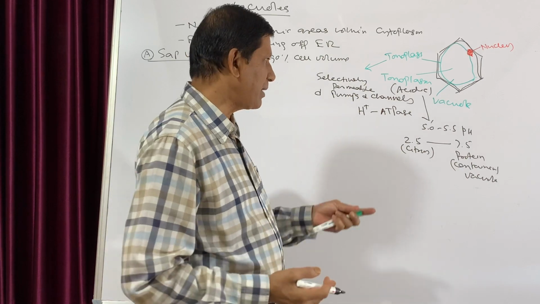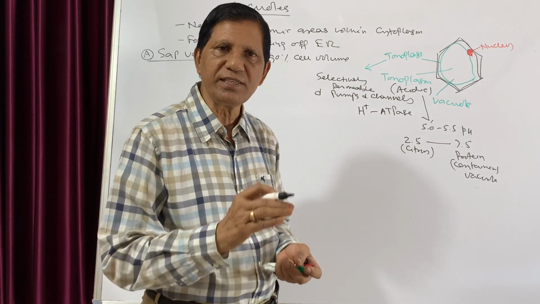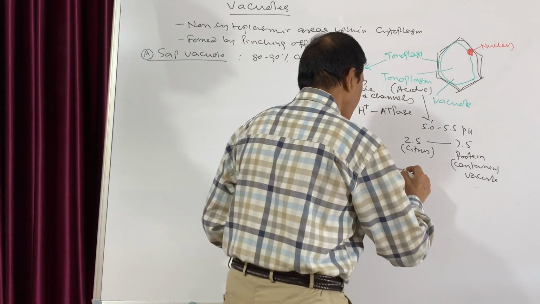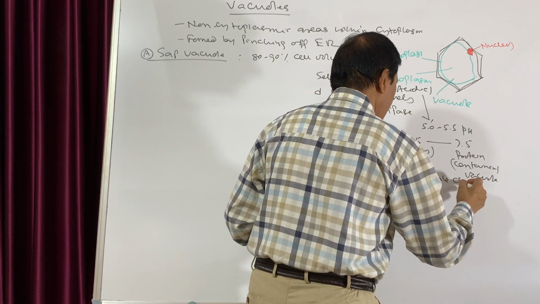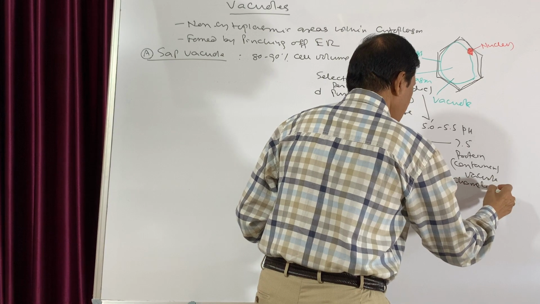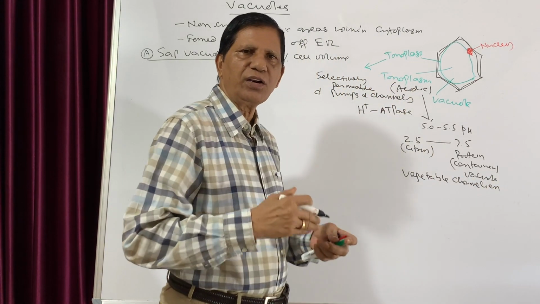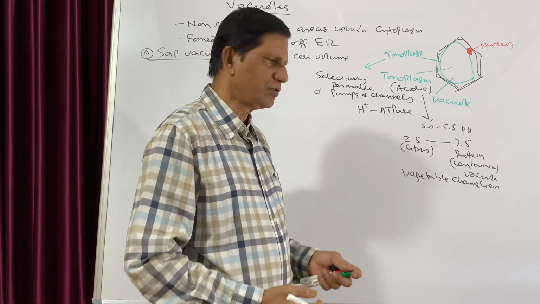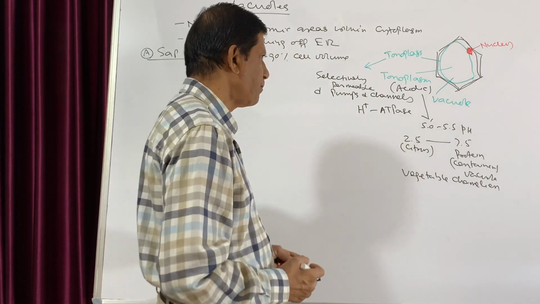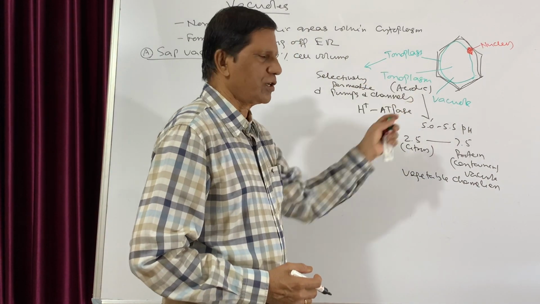That is why vacuoles are sometimes known as the vegetable chameleon, because with a change in pH, the color slightly changes as a chameleon changes its colors. So this is about the structure.